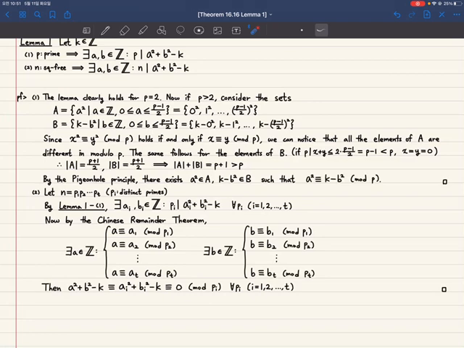And that proves the result, as that means that A squared plus B squared minus k is divisible by n.